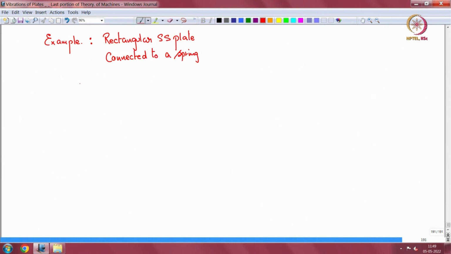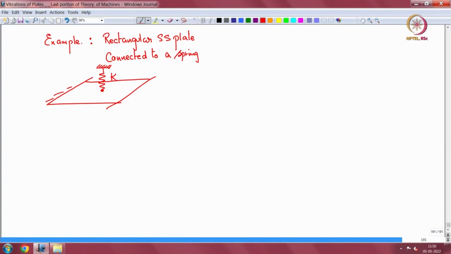So let us see what we have here. What we have here is a plate, simply supported on all edges, and then we have a connection with a spring. Let us say the spring constant is K, and the other end is grounded.